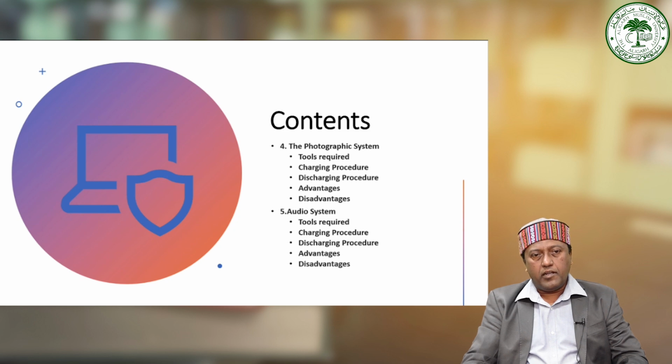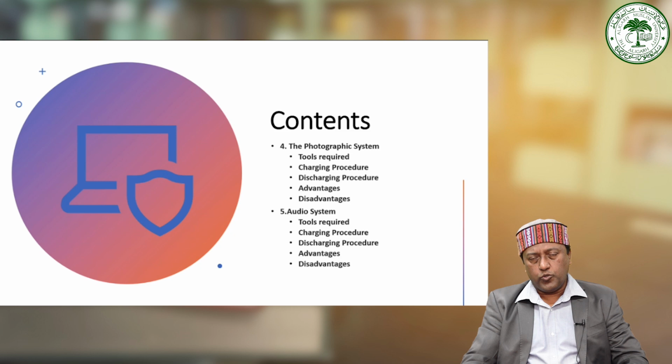I will divide my lecture into two components. The first component will discuss the photo charging system or photographic system, and within it I'll discuss the tools or the paraphernalia which are required, and then we will discuss the charging procedure and then discharging.